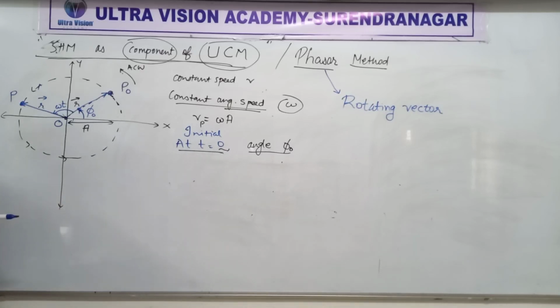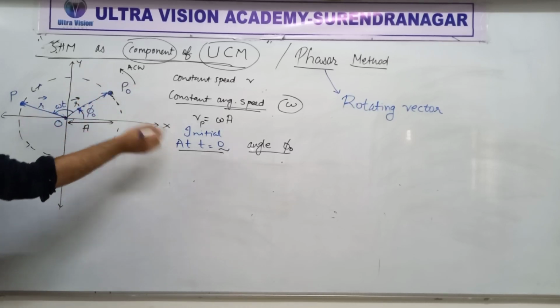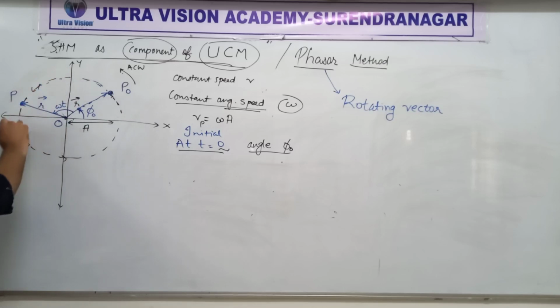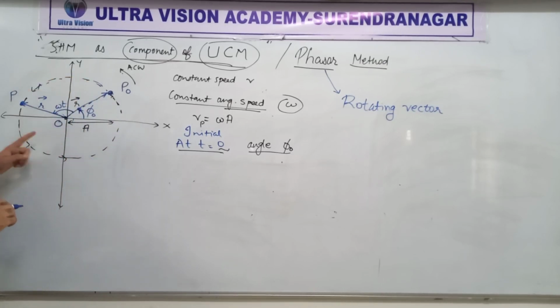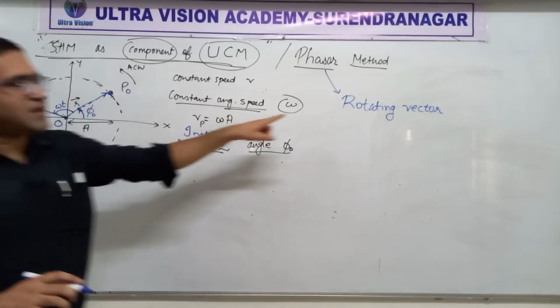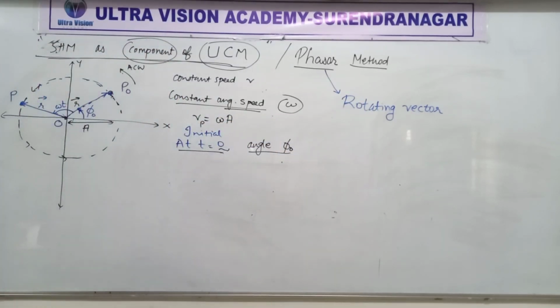Where do you see a rotating vector? The r vector. Don't you think? Can you imagine what will happen as this particle P moves around on the circle? What will happen to its position vector? Will it rotate or not? Can you imagine, everyone?